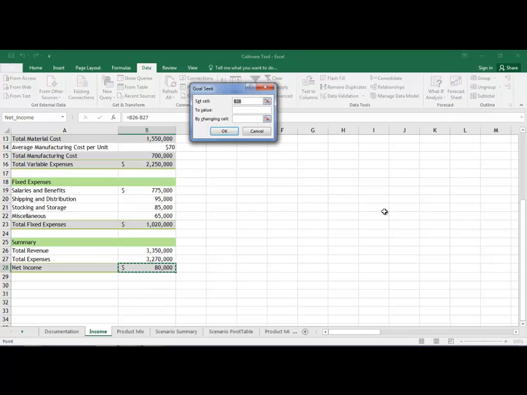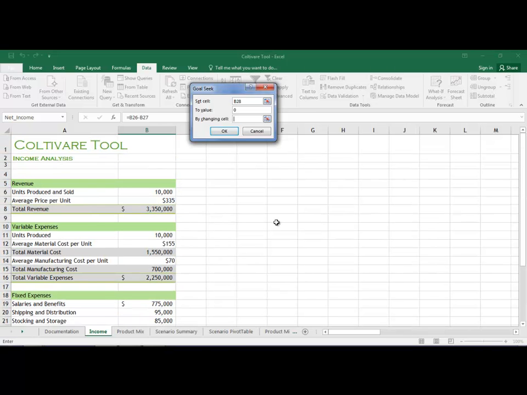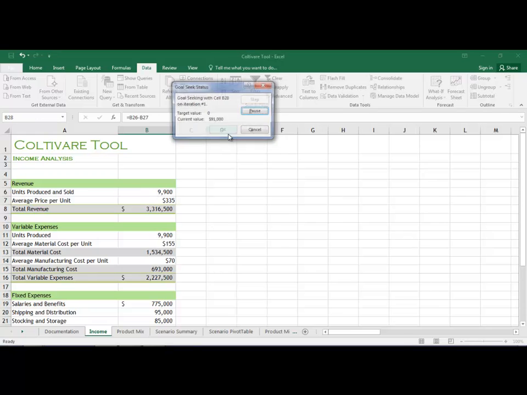Now it's saying this set cell, the one that I clicked on before, I always like to start with that clicked. You could have put that cell in there afterwards. We want to make that cell become 0. To make that cell become 0, we're allowed to change one cell and one cell only. And that one cell that we've decided we're going to change is how many units we're going to produce. So I put that in there for B6 and I hit OK.